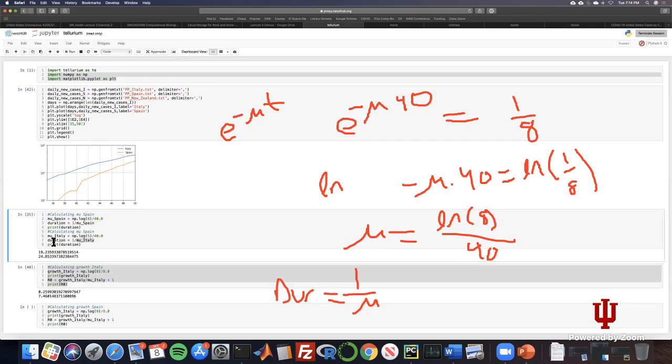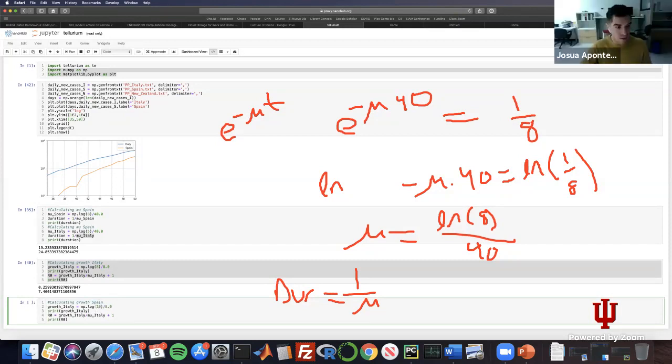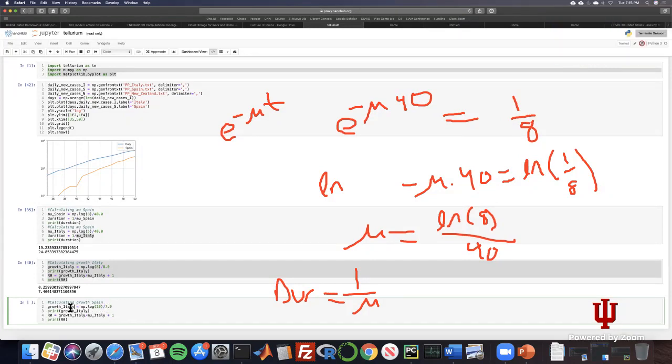Okay, so you go up by a factor of, let's do exactly 10, a factor of 10 between 36, 37 and 44. So 10 over 7 days. And I guess I have to change it to Spain.